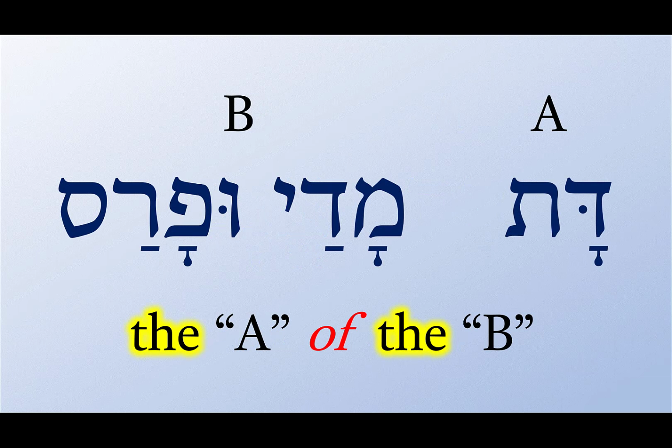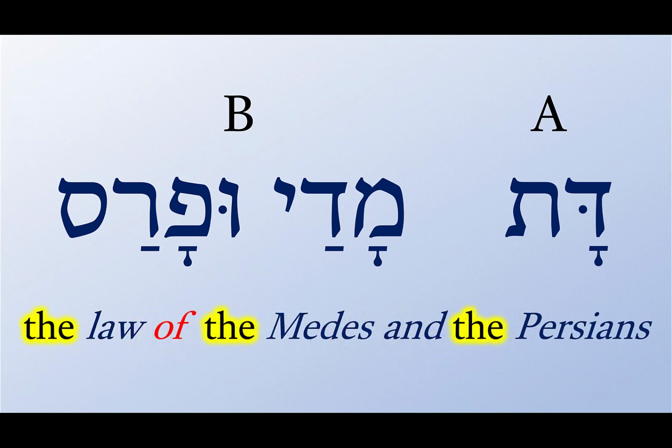And here's an example of a definite construct chain. So the A of the B, how do we know this is definite? Well, given that the B nouns are demonyms, so we're talking about people, this is proper nouns. So therefore we have the law of the Medes and the Persians.